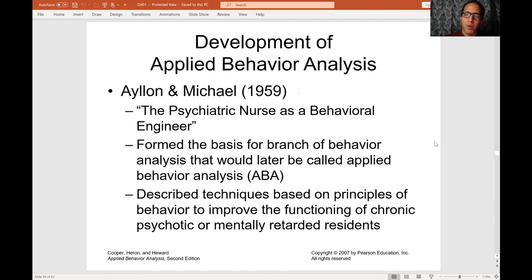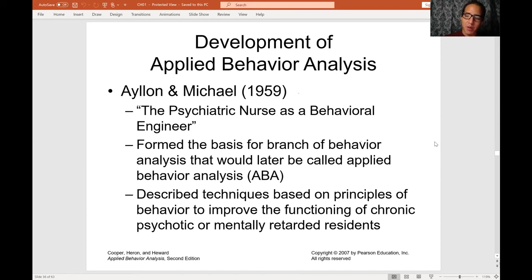So these were ABA nurses who were going around implementing programs to improve the functioning of the people who were there.